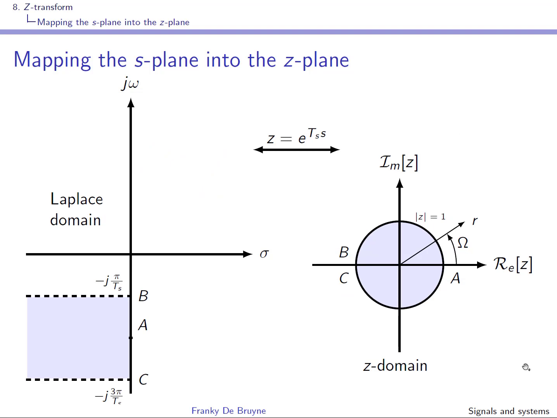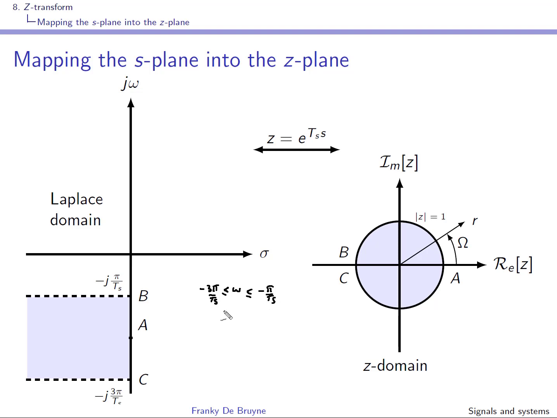So I think that you understand things by now. Here we have another interval for the analog frequency. You go from minus 3 pi over ts up to minus pi over ts.